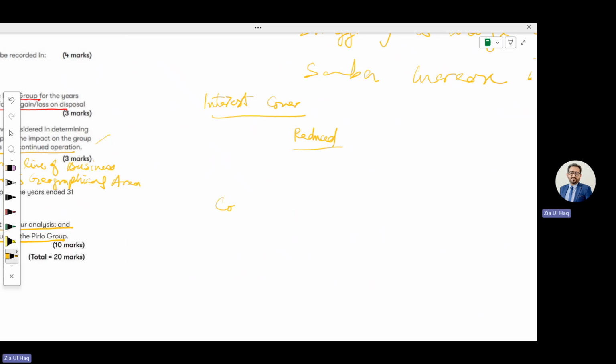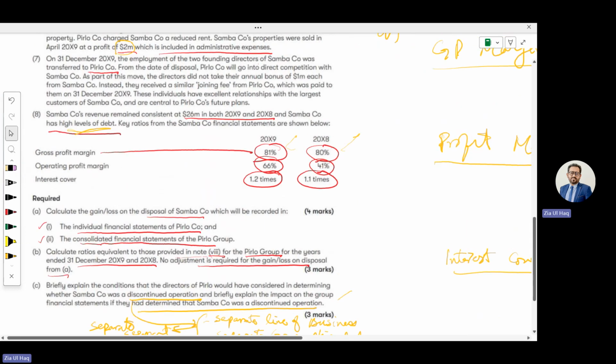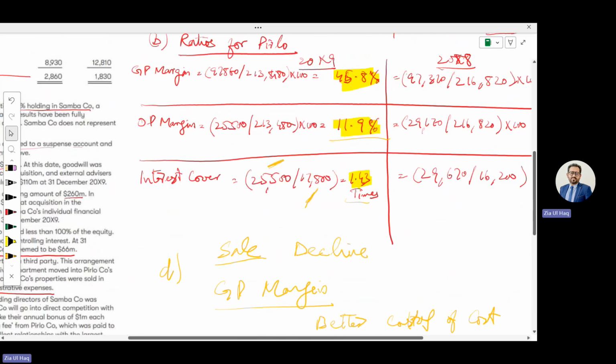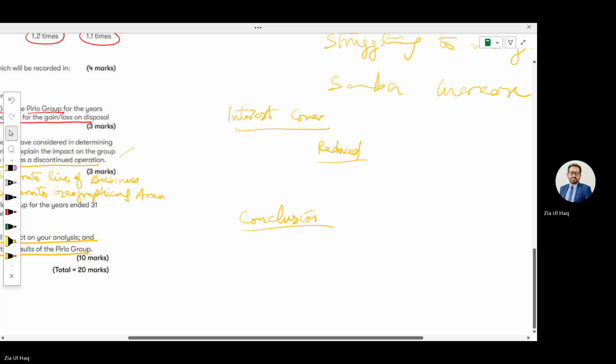So, conclusion: if we see overall, the Samba performance was better in terms of sales being smooth, in terms of GP margin very high, even in terms of improvement in profit margin. And if the company operating profit margin has reduced, this means this is due to other subsidiaries in the group, might be some of them loss making.